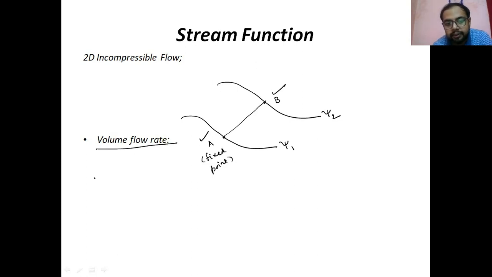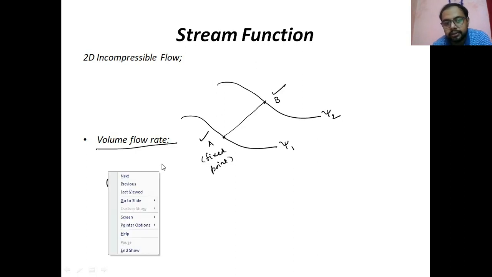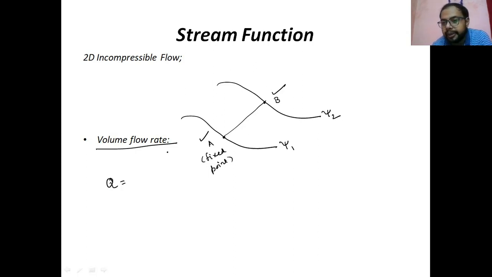The volumetric flow rate Q dot will be equal to the modulus of psi 1 minus psi 2, whichever is bigger, into the perpendicular width, the third dimension perpendicular to the plane, which we cannot see here. So this value will give you the volume flow rate.